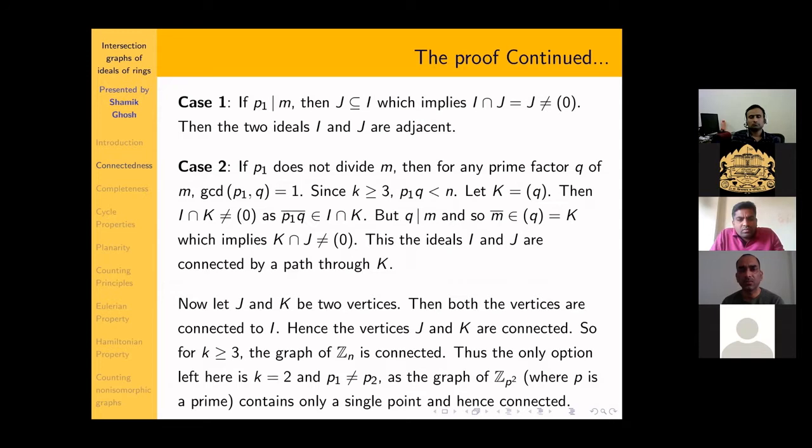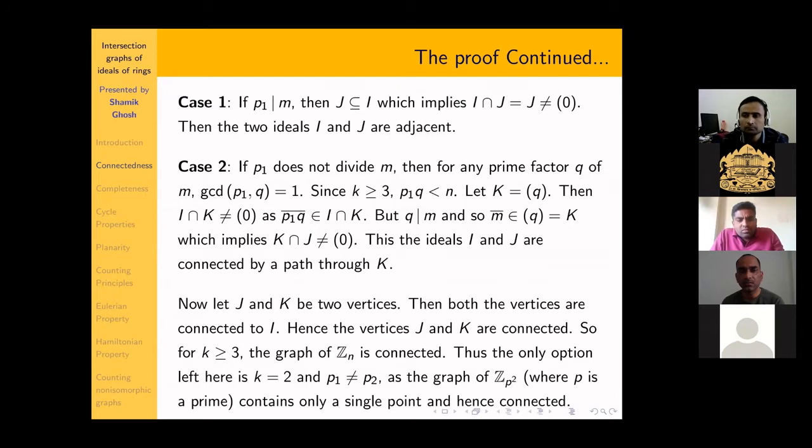So only 2 things remain: either n is p square, or pq. It is not p square because p square contains only one single non-trivial non-zero ideal, generated by p. So it is a single vertex graph, and that we consider connected in graph theory. And so it must be pq, where P and Q are 2 distinct primes.